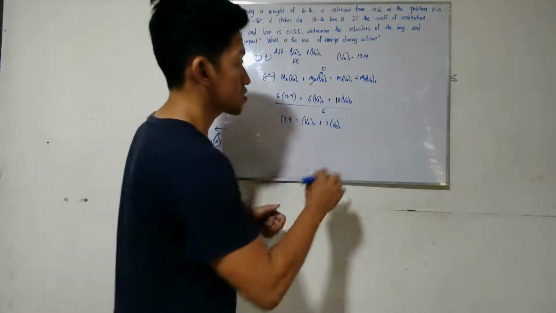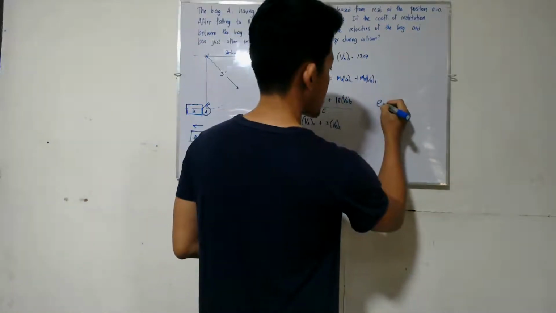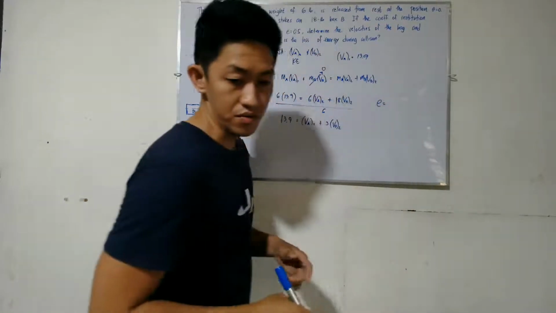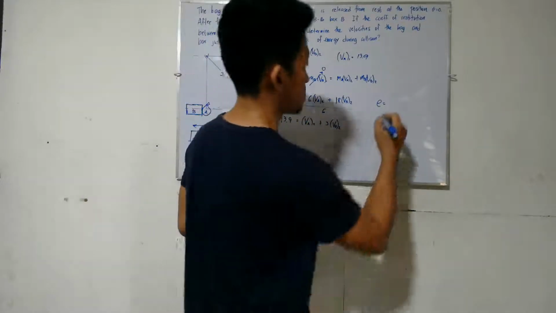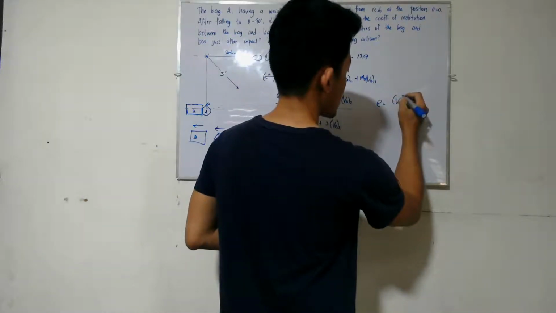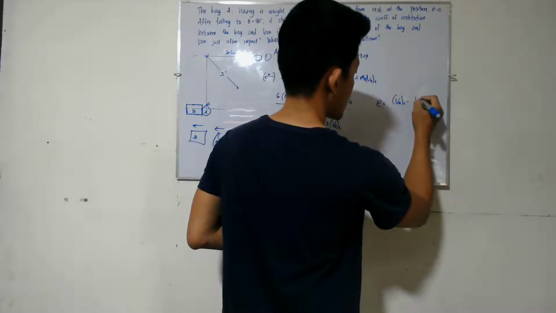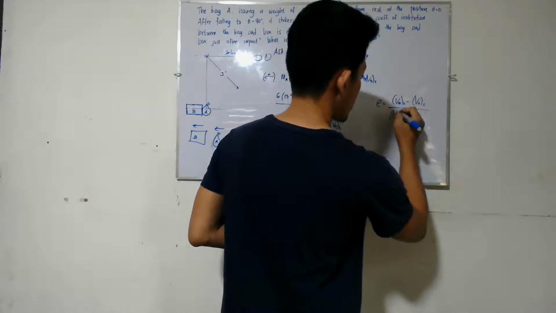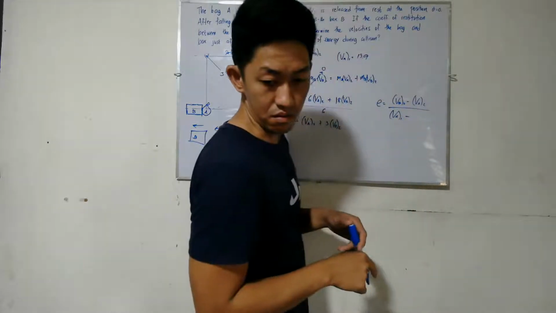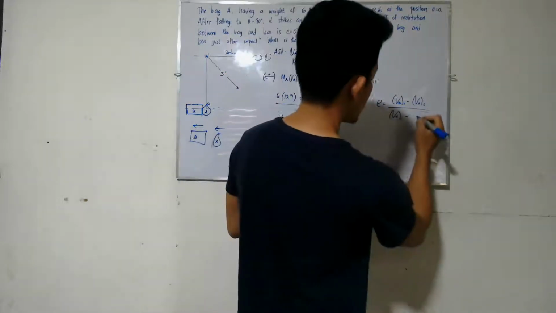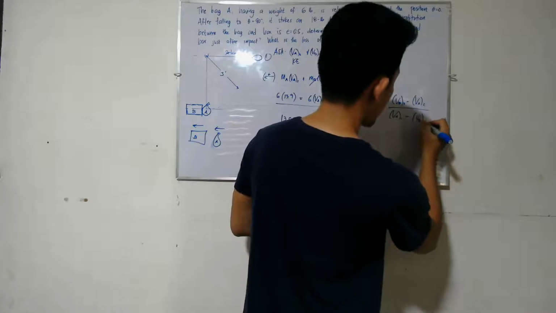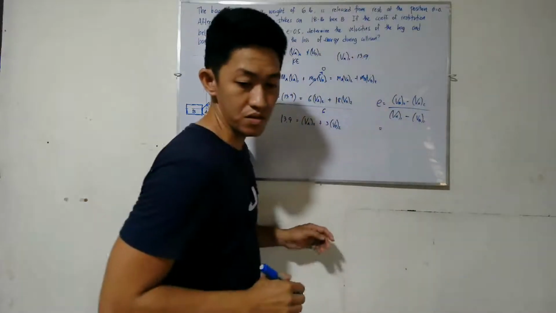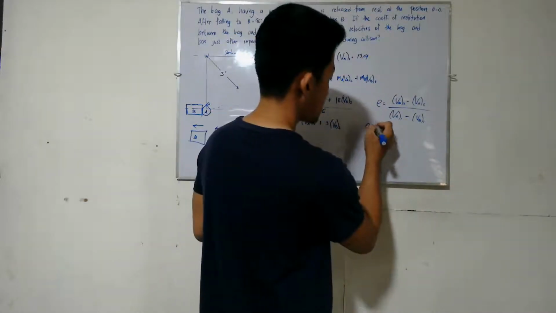The other equation, makuha na to by using the coefficient of restitution equation, which is velocity V2 minus velocity A2 over VA1 minus velocity V1. So you have 0.5.